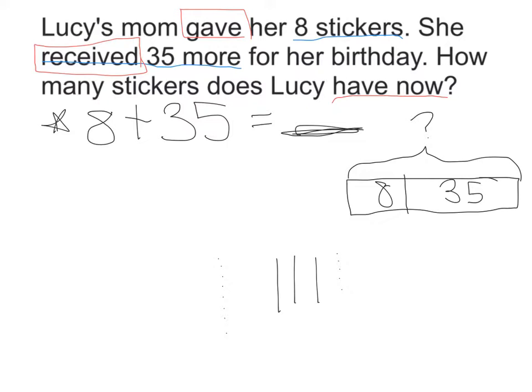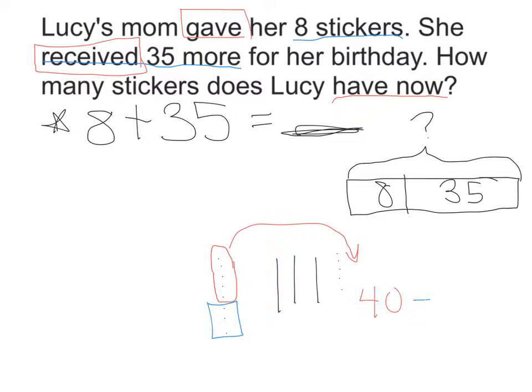So I would take 1, 2, 3, 4, 5. Very sure that I'm getting the correct number. And I'm going to move them over here. And that brings me to 40. But then I have these leftovers down here.